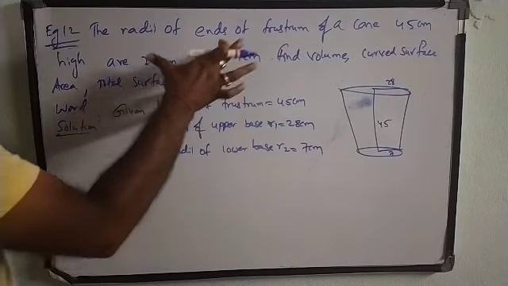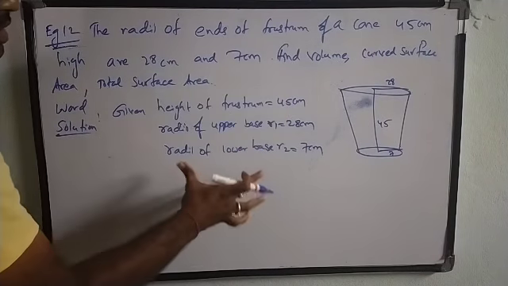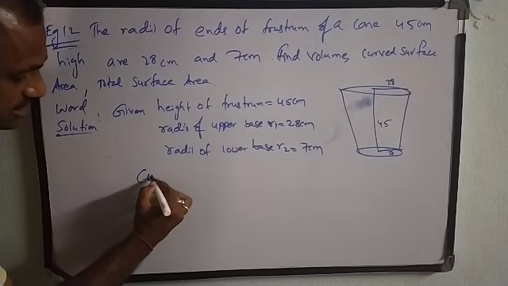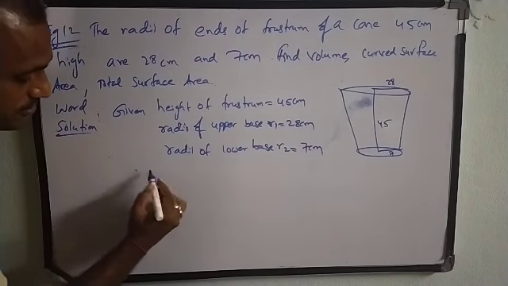While writing any kind of surface area and volume question, we need to write the given statement very clearly. Now the first question is asking for the volume of the frustum.